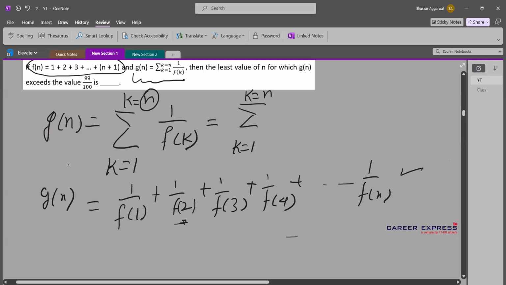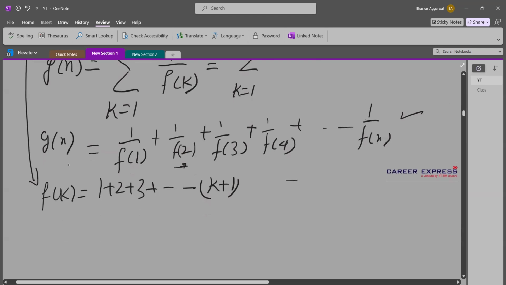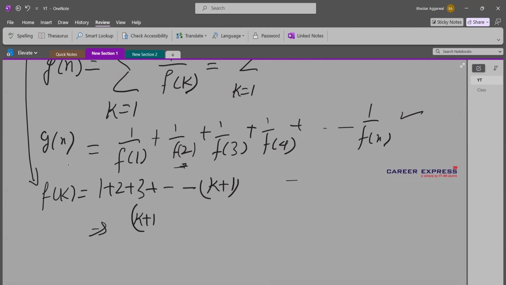The value of fk from here will be 1 plus 2 plus 3 till k plus 1. That is the sum of the first k plus 1 integers, and that is equal to k plus 1 into k plus 2 by 2. So fk is this much.